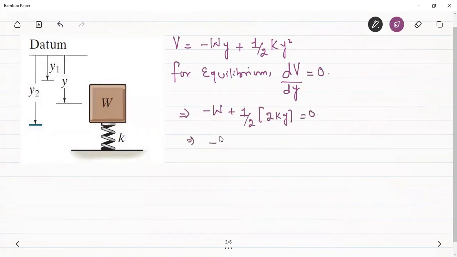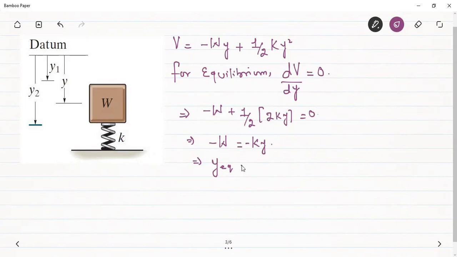So from here we get minus w is equal to minus ky, or we can say that at the equilibrium position, substituting y eq instead of y, the condition of equilibrium is that the derivative of the potential energy with respect to this independent coordinate should be 0.